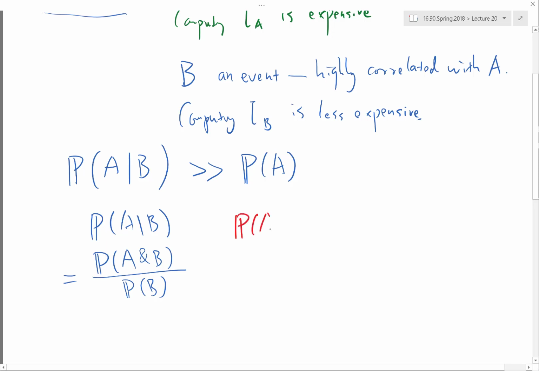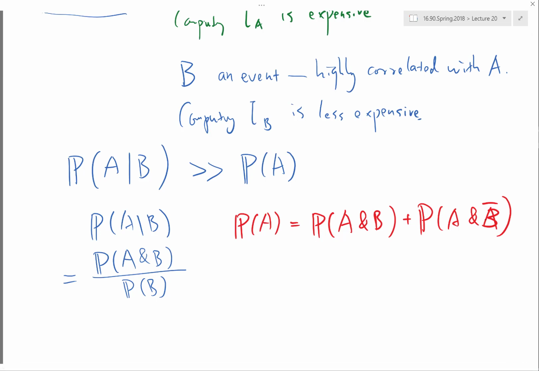The probability of A is equal to the probability of A and B plus the probability of A and not B, where I wrote B bar as not B. So A happens if A happens and B happens, or if A happens and B doesn't happen. That's simple. Now let's use the formula you just told me.